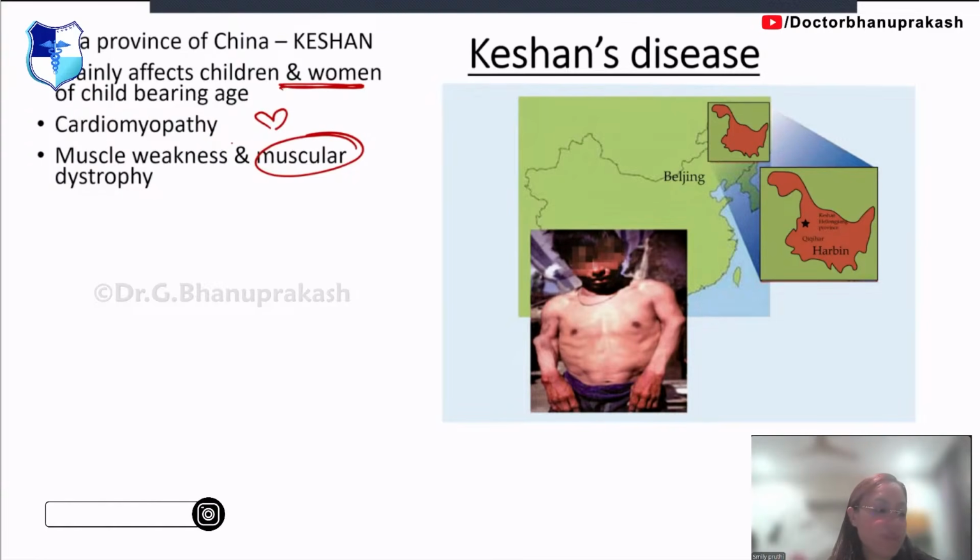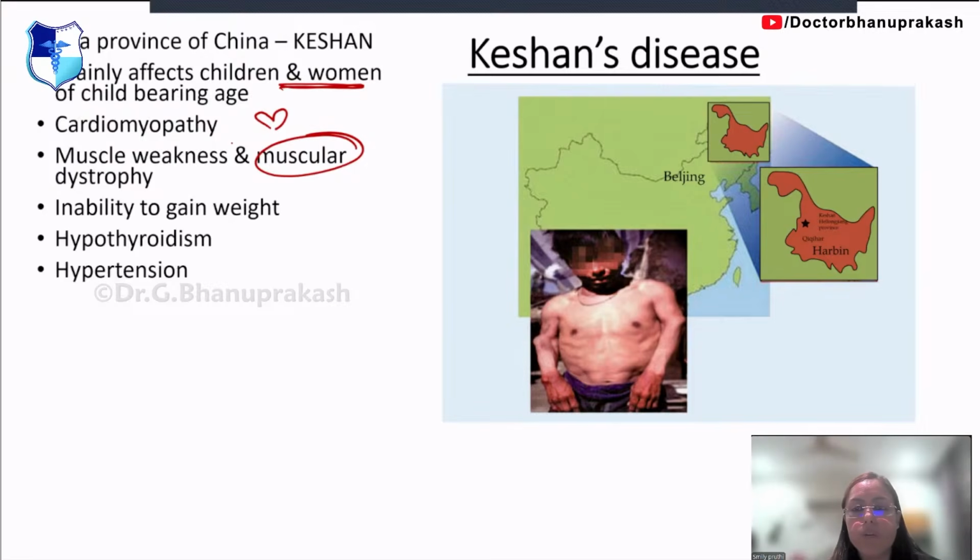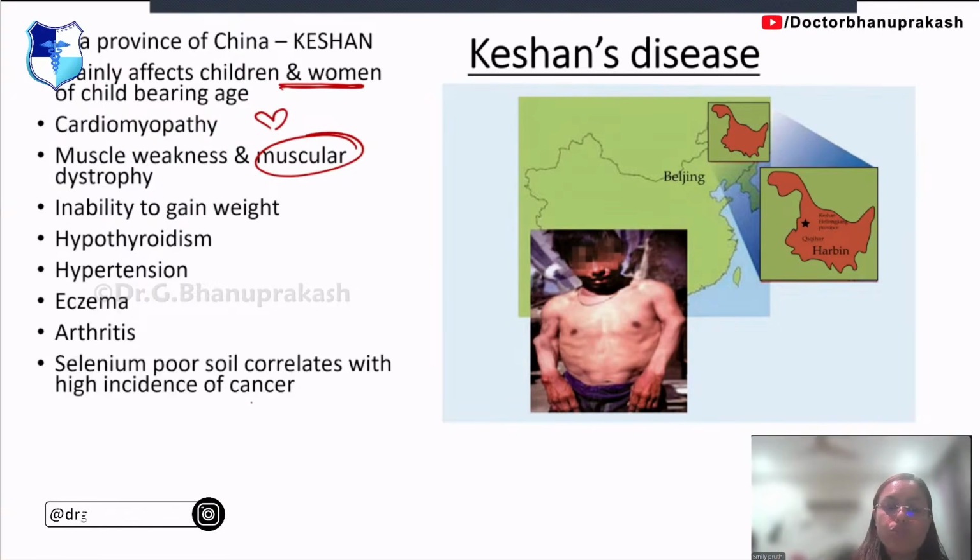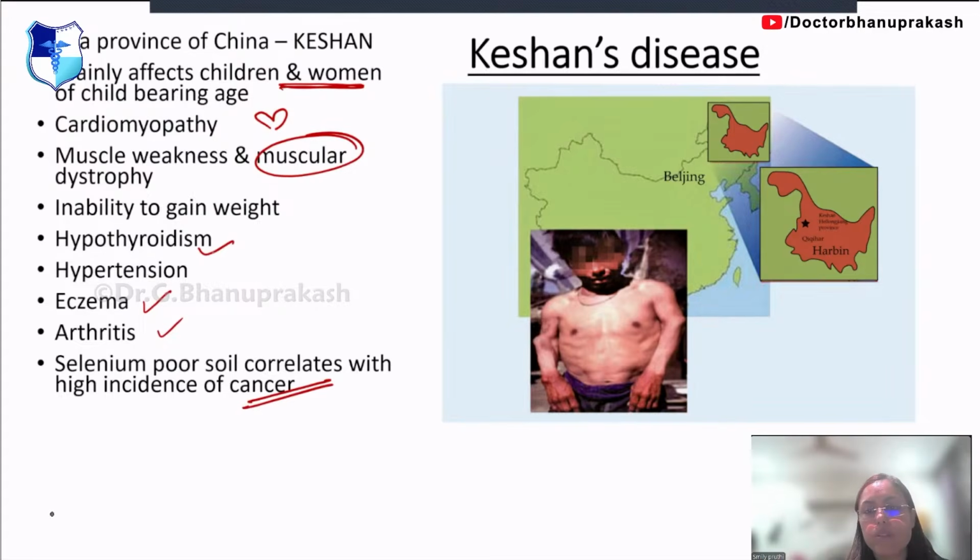So muscle weakness, muscular dystrophy, inability to gain weight, hypothyroidism, hypertension, eczema, arthritis. Also, it is related to cancer. Selenium-poor soil is associated with a high incidence of cancer. Right? So cardiac muscle and skeletal muscle are mainly affected. Thyroid affected, and arthritis, joints, eczema. Right? Just read all these features once. If a question comes, you'll be able to remember.